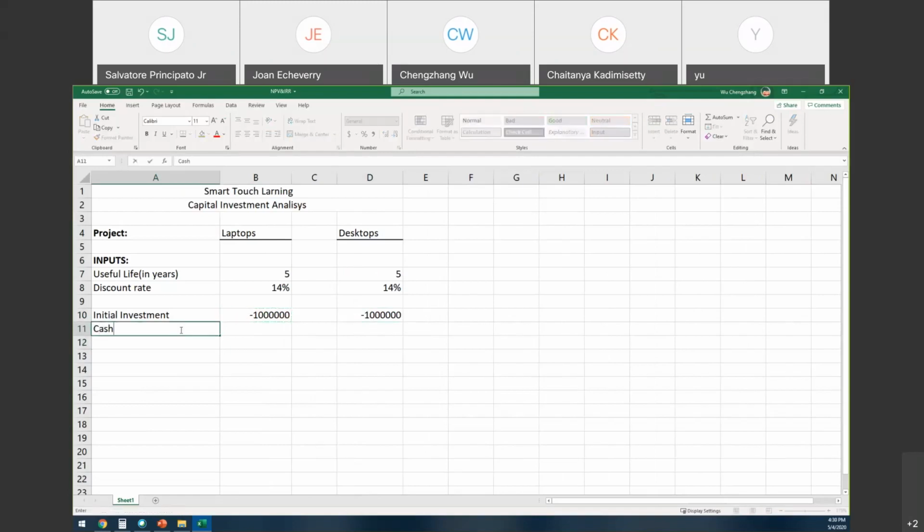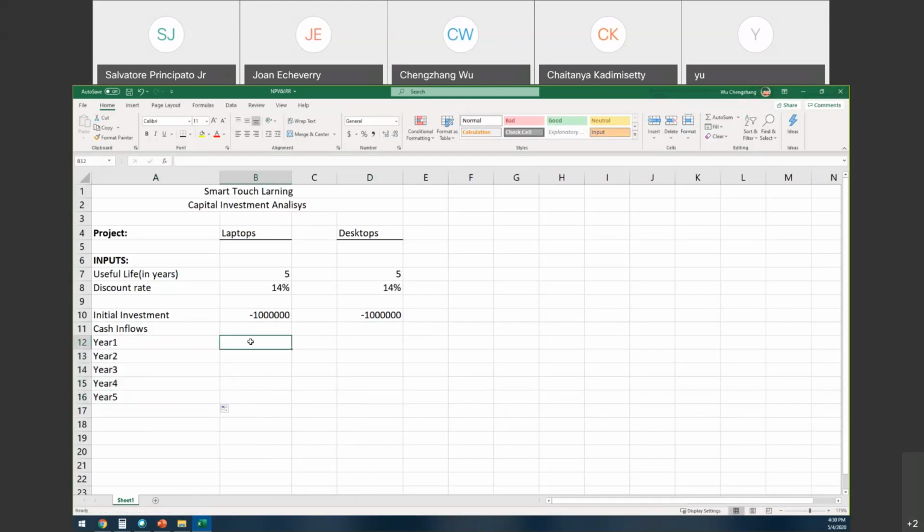And next is the estimated cash inflows. We have different years. Year 1, year 2, year 3, 4, and 5.